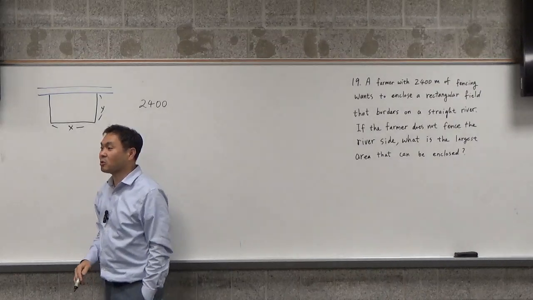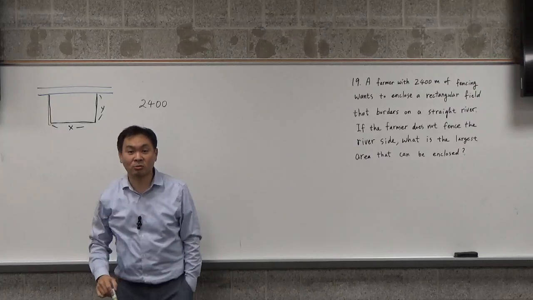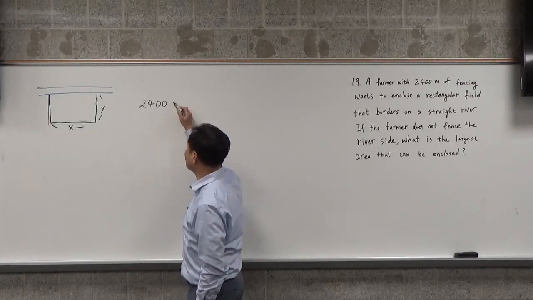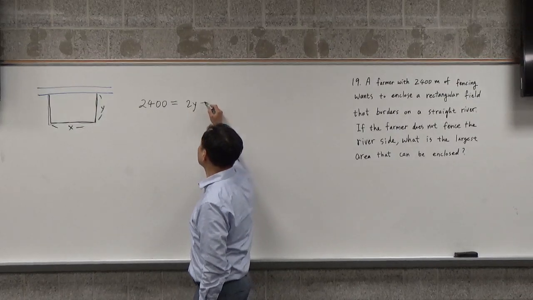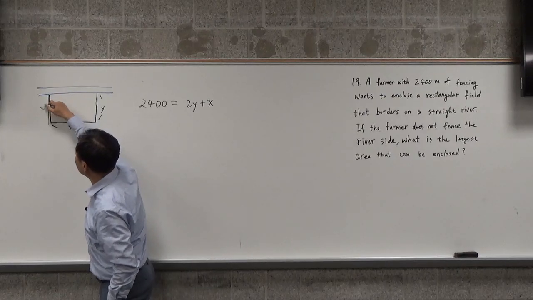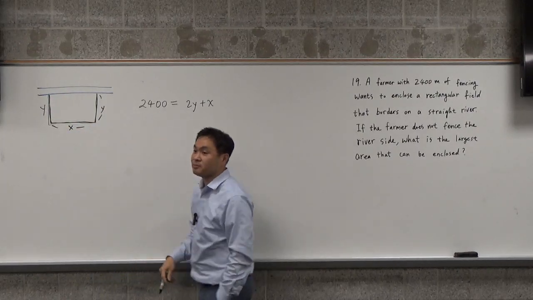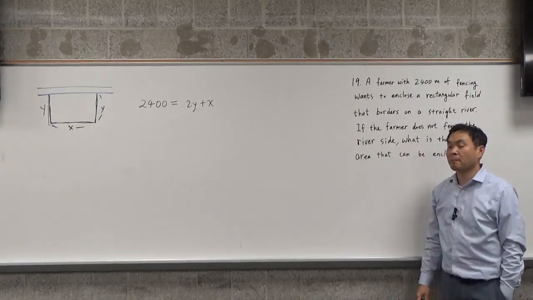Area. Okay, that's not what we want. You want that this length is 2,400. So what's the equation for that? 2,400 is 2y plus x, right? It's y plus x plus another set of y. So you have 2 y's and an x. That has to be equal to 2,400.